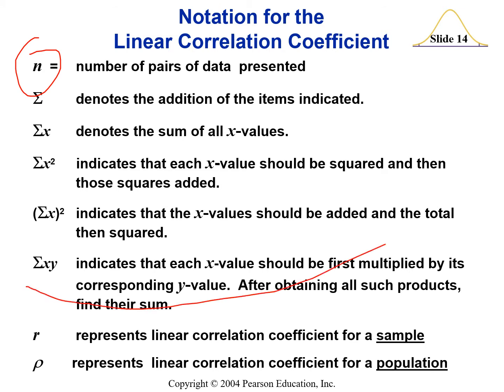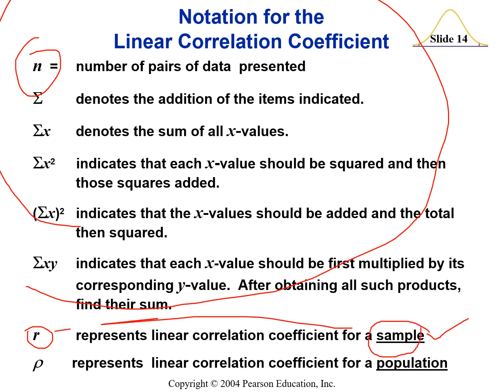Forget about these notations because we are not going to manually compute small r. Focusing only on small r, which represents the linear correlation coefficient for a sample. This is important: small r is related to a sample, so small r is a statistic.